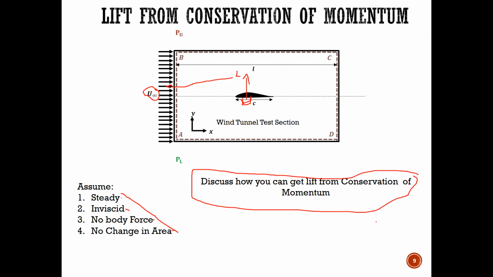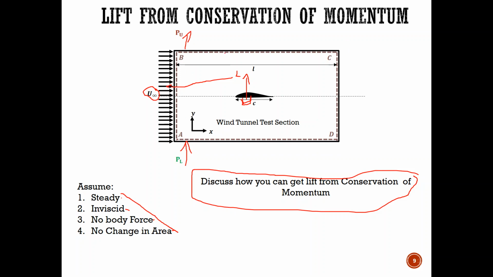Okay, so when you apply conservation of mass in the x-axis, you will get rho 1 A1 V1 equals rho 2 A2 V2. But when you apply it in the y-axis, we will assume that there is no velocity going through the faces AD and BC.